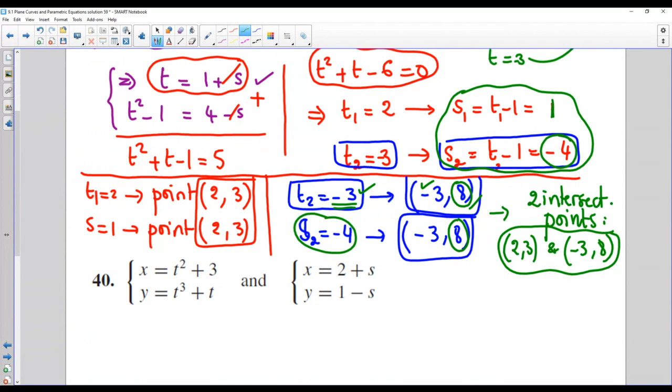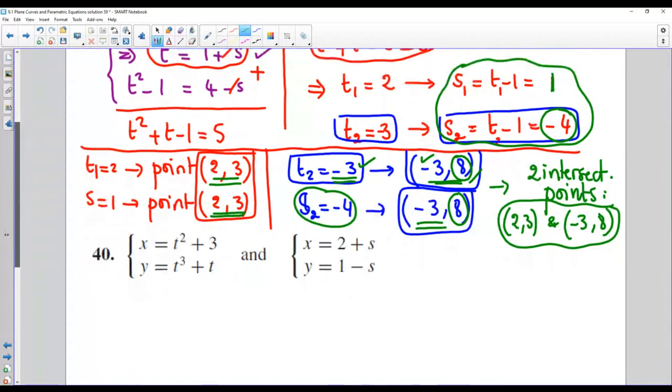But I'm checking that if I find S and substitute, I'm getting exactly the same points. So good question, Salha. You can just find the T and that will be fine too.